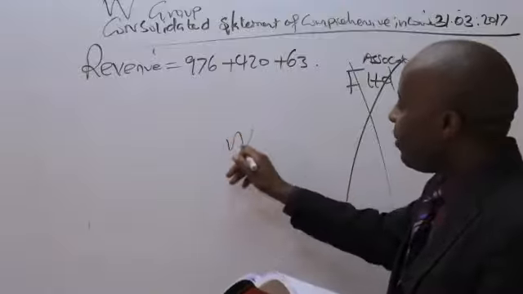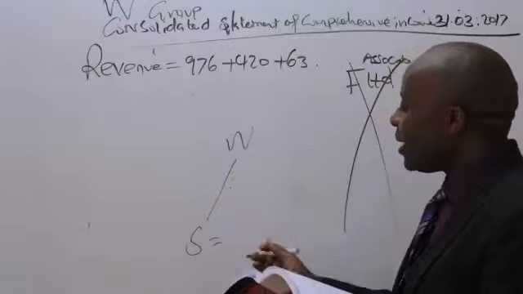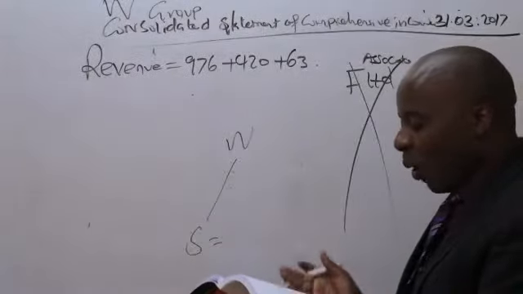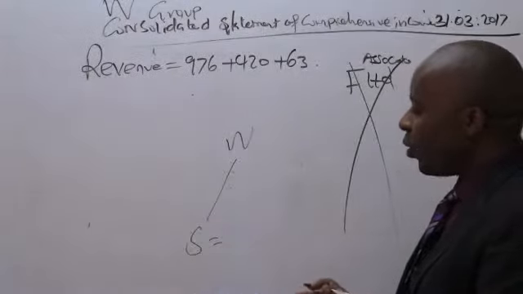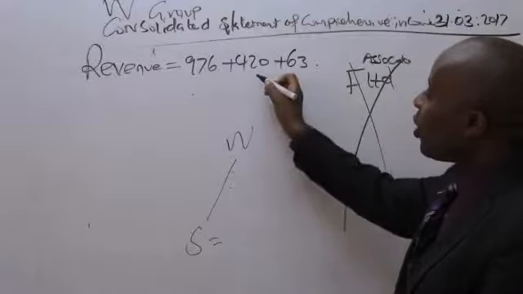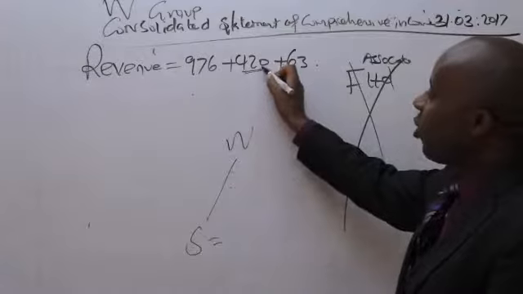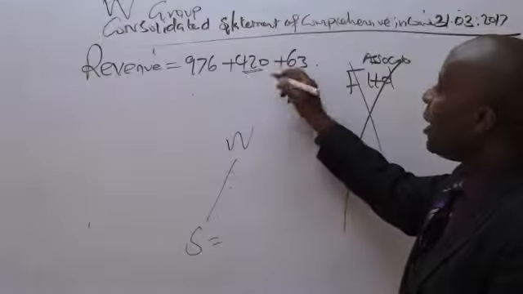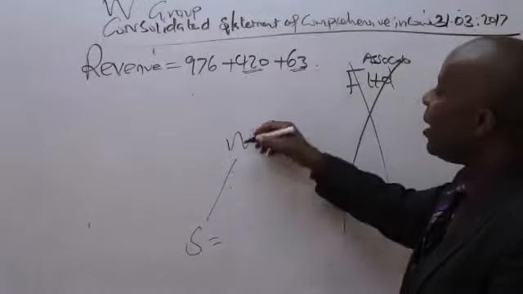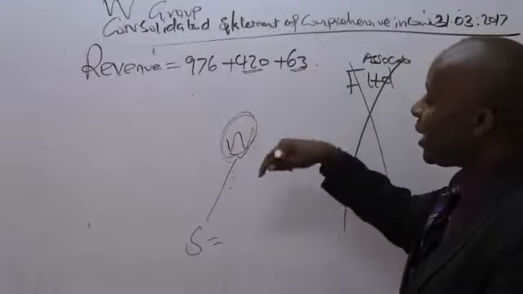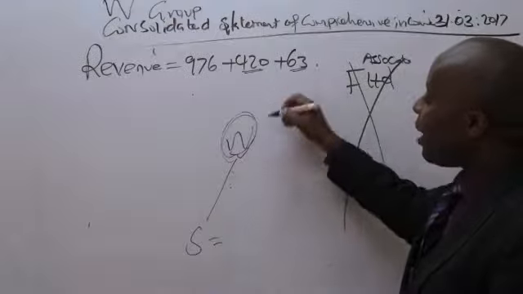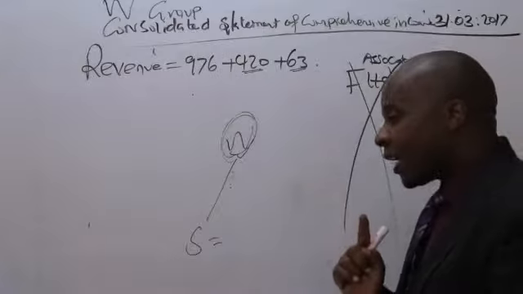This W Limited acquired S Limited 1 year ago, and that is why we are not doing time proration of the figures of S. And it acquired F Limited at its incorporation date, so meaning that it has been with F Limited for more than 1 year.